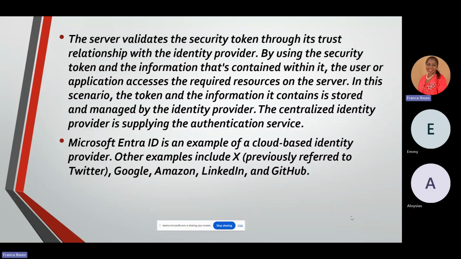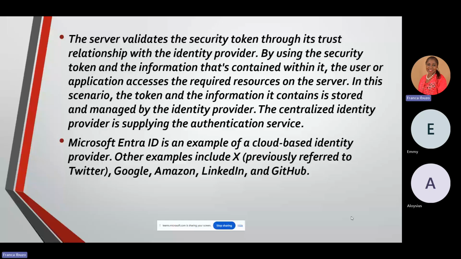So for more information, you can also go through the learning path to check that out. And also you have your Microsoft Entra ID, and this is an example of a cloud-based identity provider. Microsoft Entra ID.